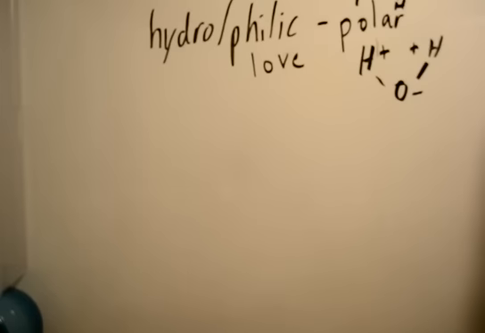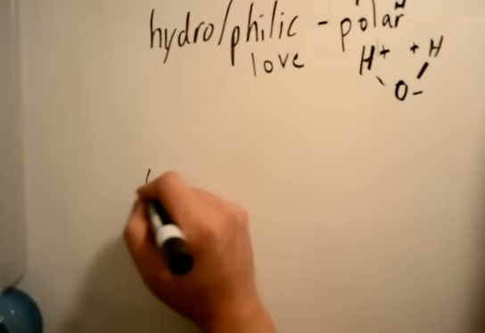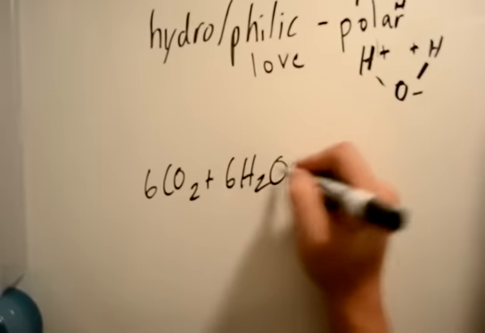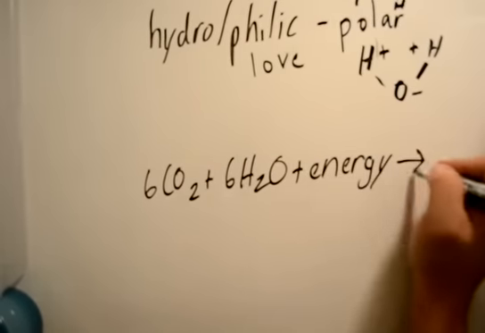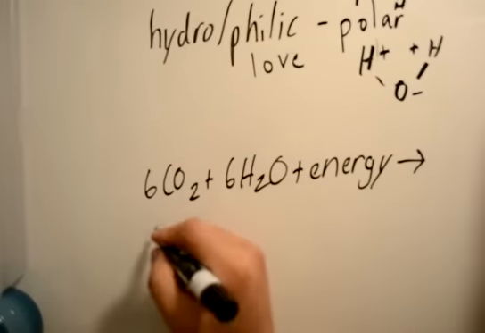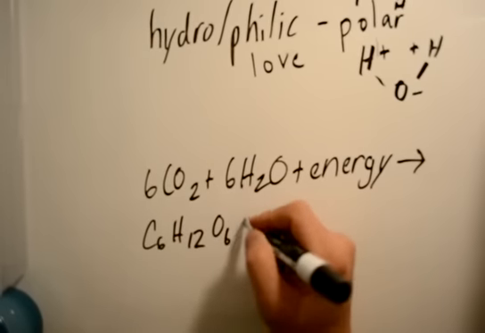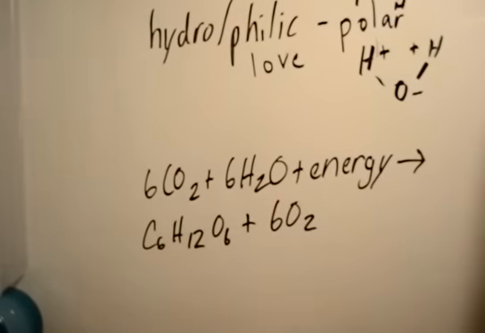So if you were to look at this formula here, the first question you want to ask yourself is, are we building up a molecule or are we breaking it apart?